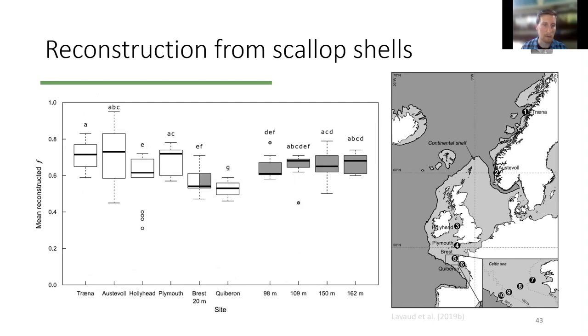And here we compare the mean reconstructed functional response along this latitudinal gradient and bathymetric gradient. You see some interesting patterns showing that the life for a scallop at great depth is pretty similar in terms of food availability to the life for a scallop in northern Norway.